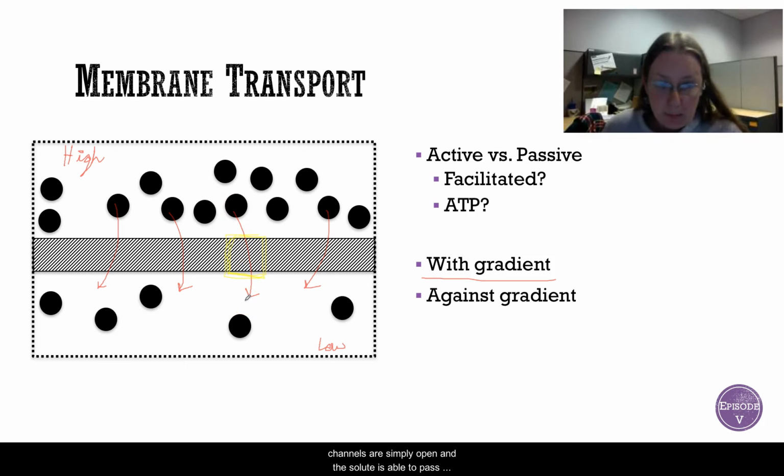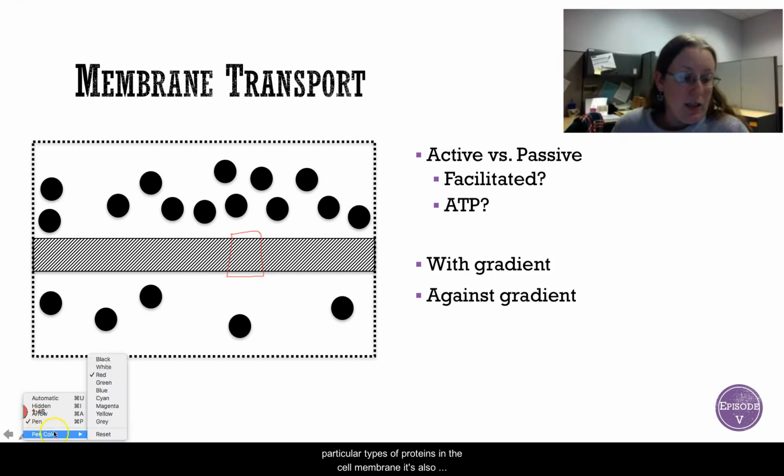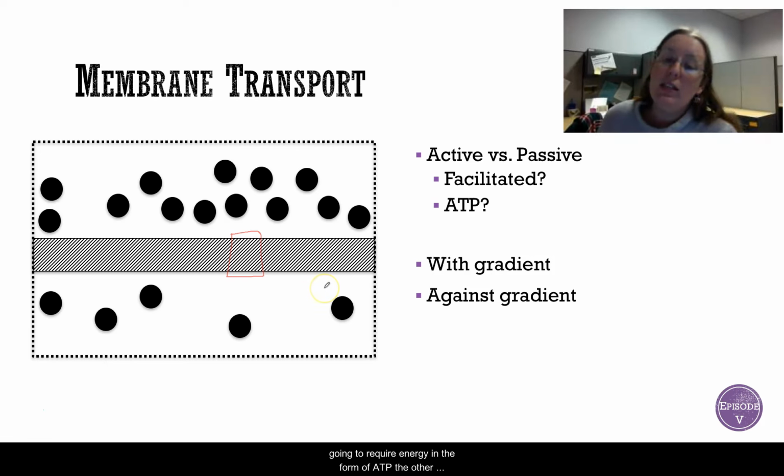Active transport is going to be doing the exact opposite of everything that we just discussed. Active transport is not only going to require particular types of proteins in the cell membrane, it's also going to require energy in the form of ATP. The other essential difference between active and passive transport is the direction of the gradient.